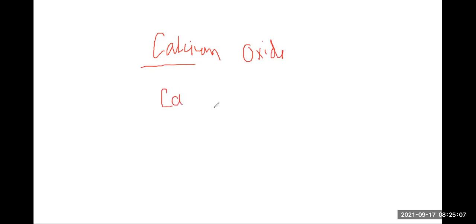And for oxide, here we have to write just O. How many we will decide afterwards. Now calcium's valency is 2, and oxygen's valency is also 2. So what will we get as the answer? CaO. Getting it? Yes or no? Calcium oxide. Yes, sir.